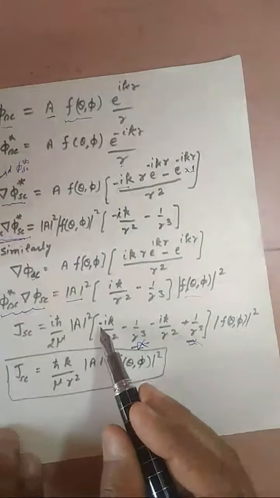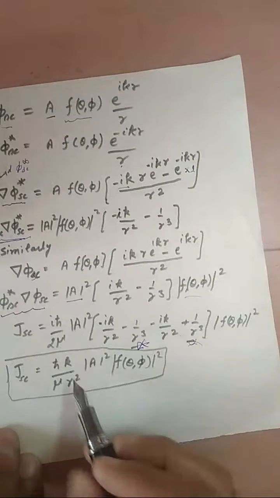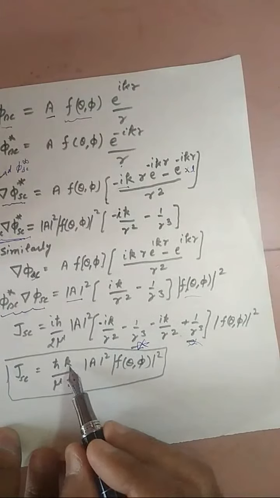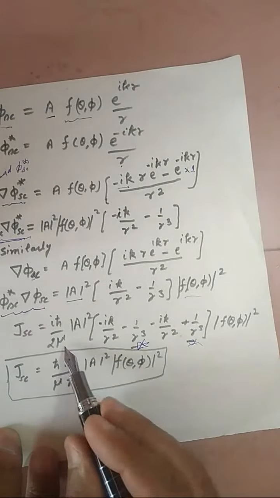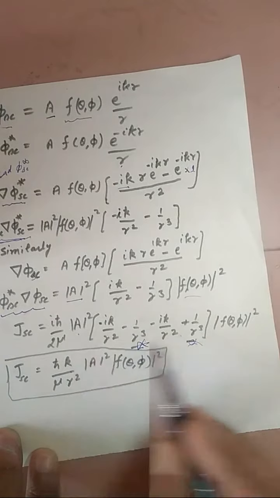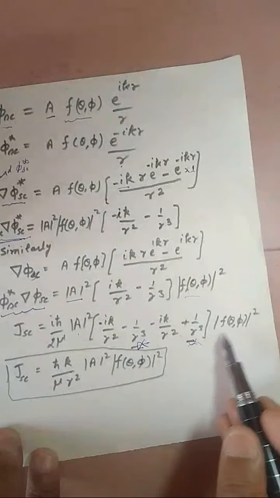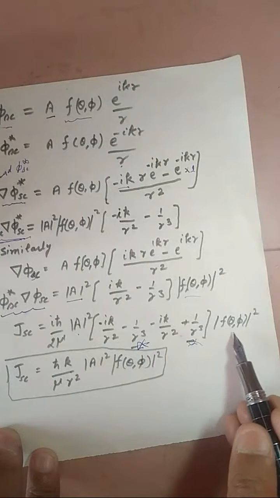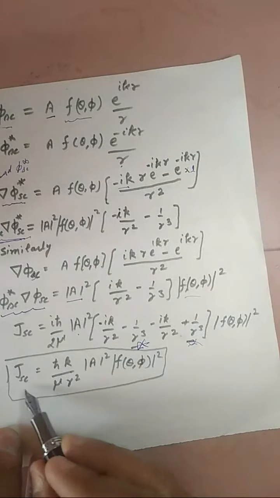The 2 will get cancelled, and we are left with h cross k by mu r square, a square into the scattering amplitude f of theta whole square. Okay, so we got the value of the scattered wave flux.